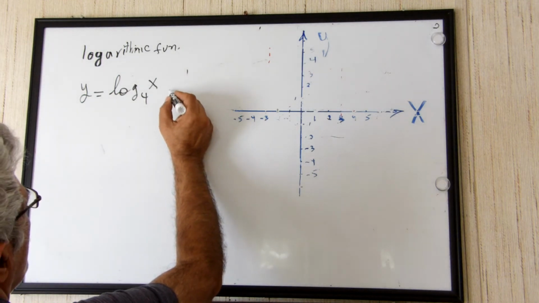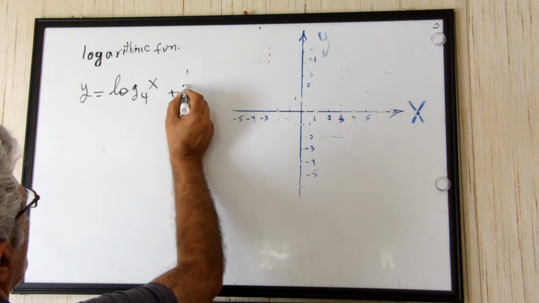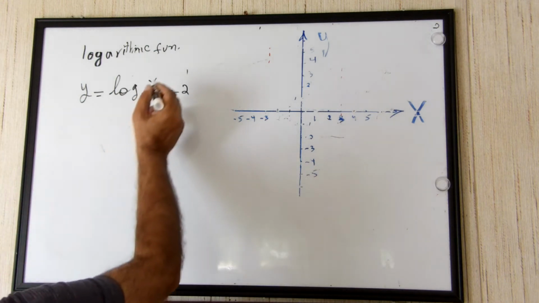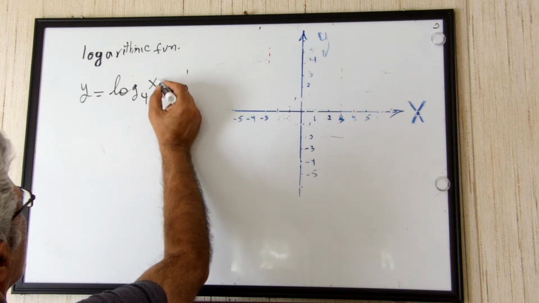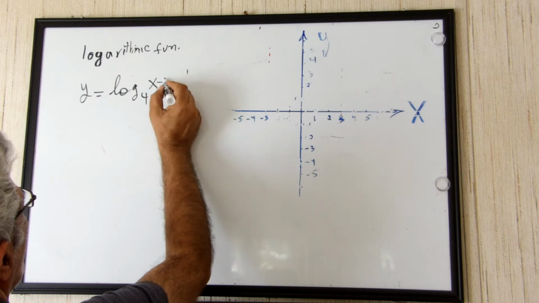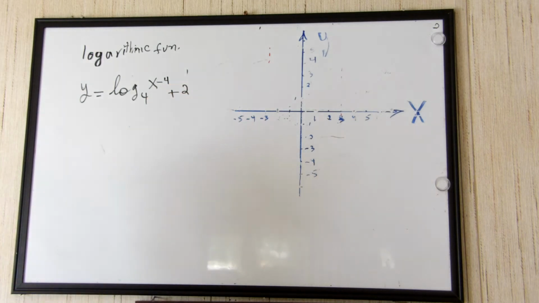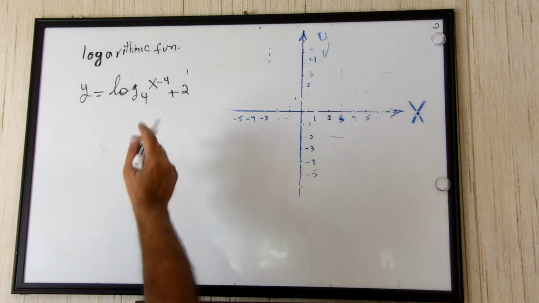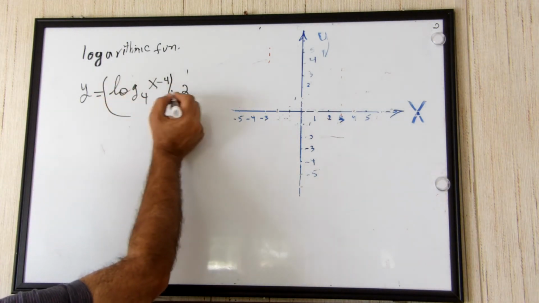Last time we used minus 2 and plus 2, and let this one be minus 4, x minus 4. So this is this one plus this one.